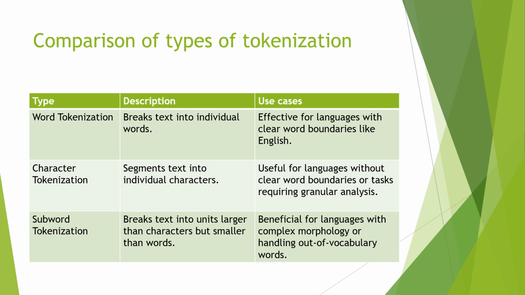Then subword tokenization generates subwords from the larger text and generates smaller words, special characters, and other units of the given text. It is useful for languages having complex morphology. For example, Chinese and Japanese languages do not have white space between words, and handling out of vocabulary words can be done using this approach.